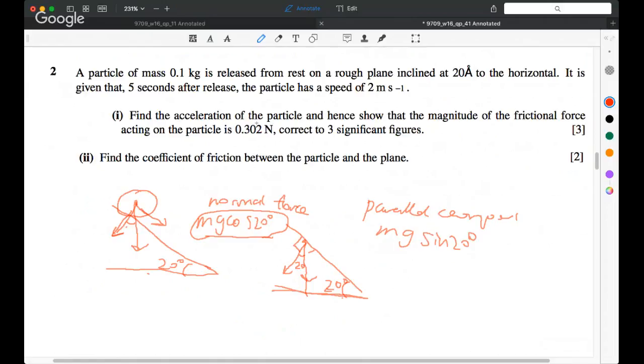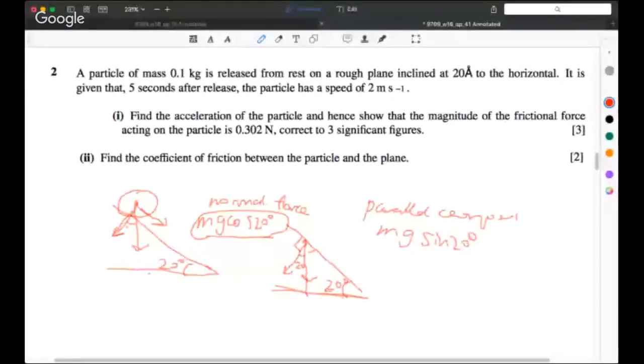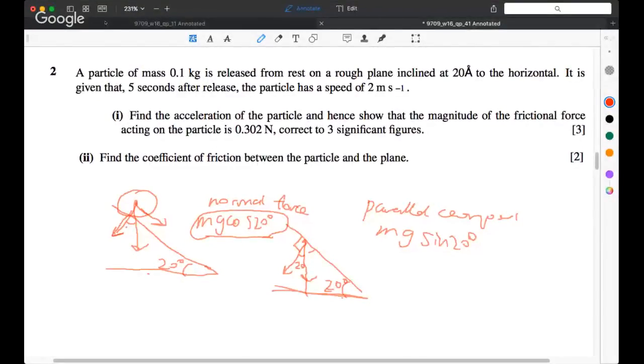So in this case, we are told that the magnitude of the frictional force is constant, because that's one of the things that we assume, and obviously gravity is constant. So we know that the acceleration of the particle is constant.